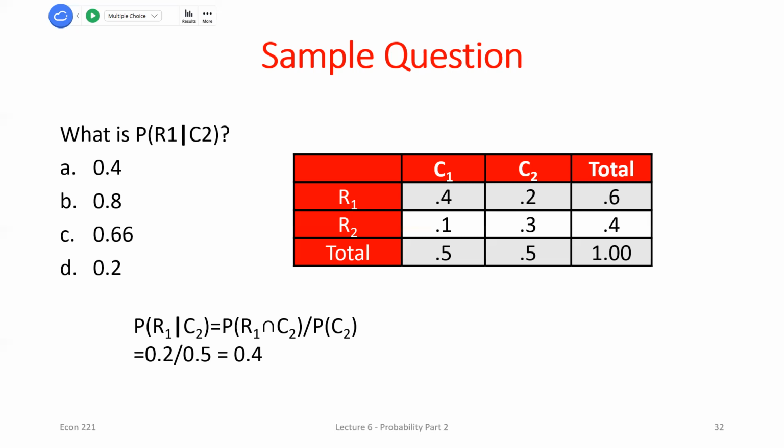And you can think about it, we're looking at this table. Once I know that R2 has occurred, then I can only ever see R2 and C1 or R2 and C2. Those are the only two possible outcomes, right? If these two events are filling out the entire experimental space.